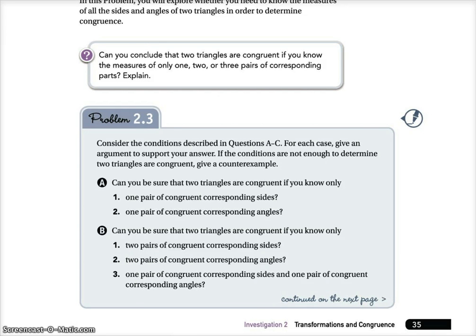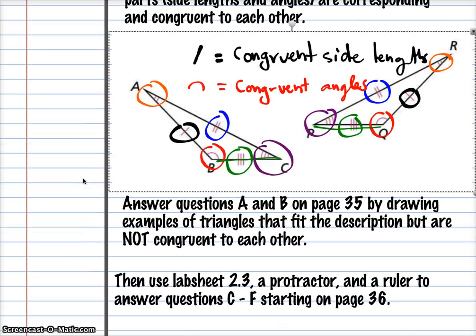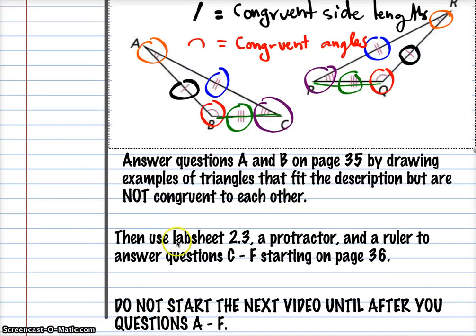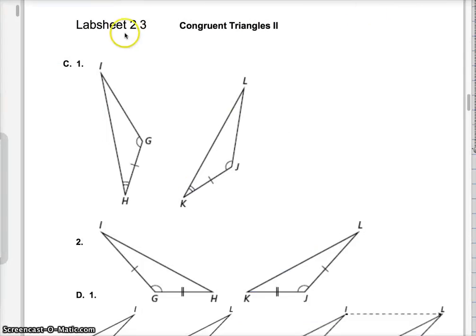Once you're finished with that, you can work on questions C through F, but you're going to need a protractor and a ruler. Okay. Your lab sheet should have these pictures. So if you get lab sheet 2.3 congruent triangles, question C, you don't have to draw it.